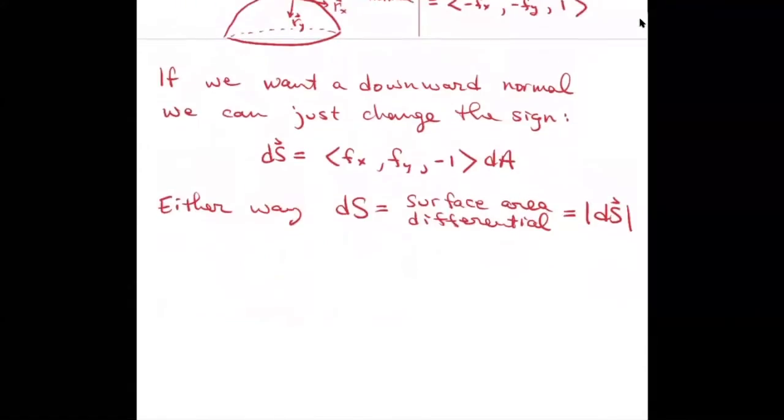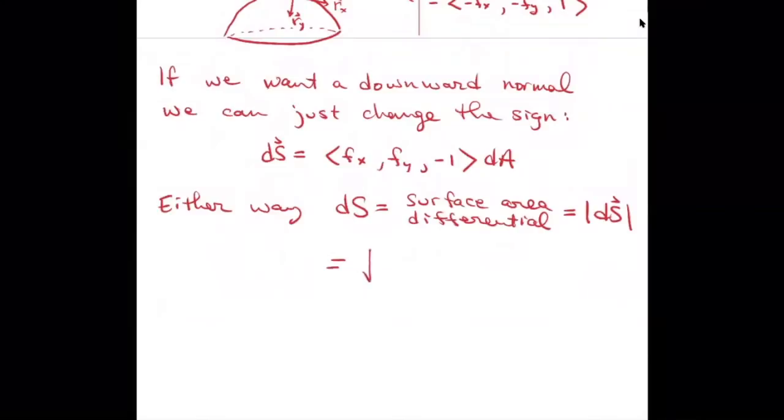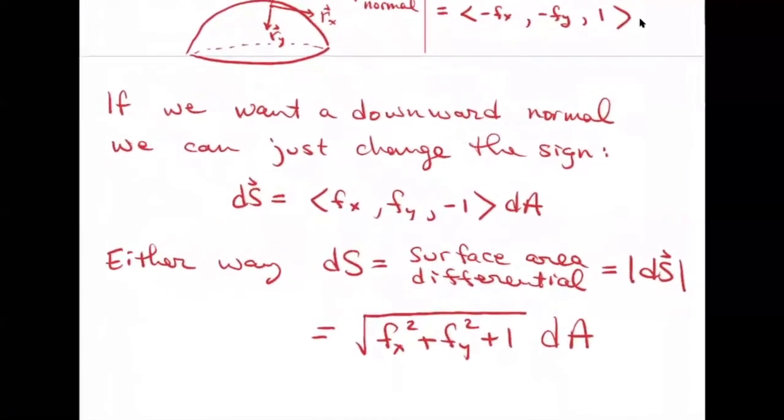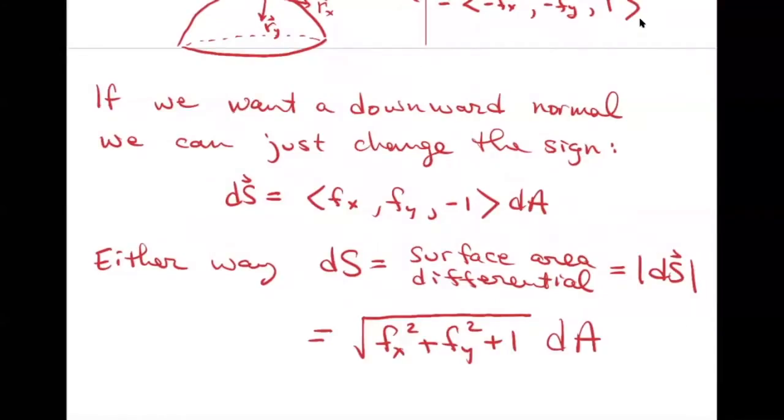Okay, and of course this would just be the square root of fx squared plus fy squared plus 1 dx. Okay, and then the only purpose of pointing that out is to sort of take you back.